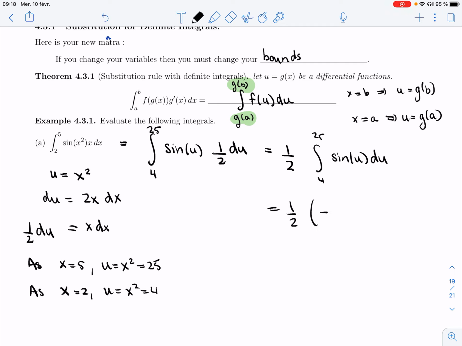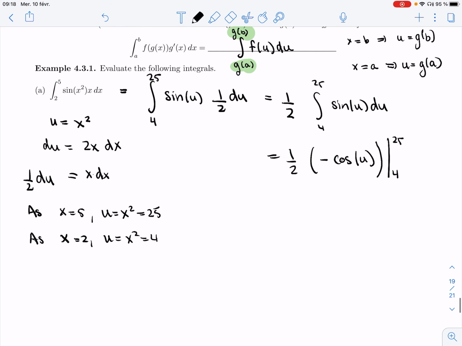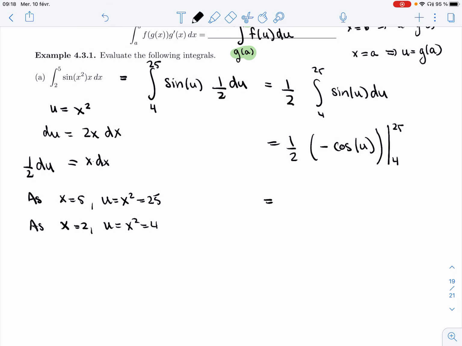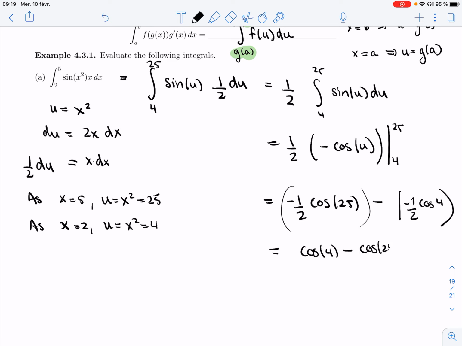That's minus cos of u. I'm going to plug in 4 and I'm going to plug in 25. So I get minus 1/2 cosine of 25 minus minus 1/2 cosine of 4. And if I want to write it in a simpler way, I get cosine of 4 minus cosine of 25 over 2.